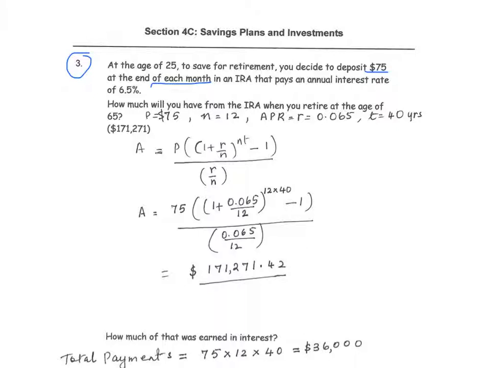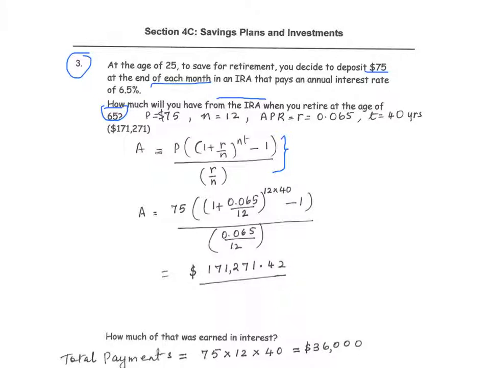So we know we need to use a certain set of formulas to figure out either A or P. So this is the formula that we need to use because the question says how much will be in the IRA, a retirement account, when the person is 65 years.